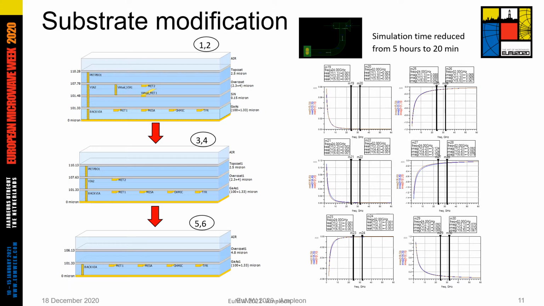Then in step 2 we modified it in a smart way to keep the simulation result the same. As you see here, the admittance parameters are exactly the same. The difference is small, but the simulation time dropped from 5 hours to 20 minutes for this simplified setup.